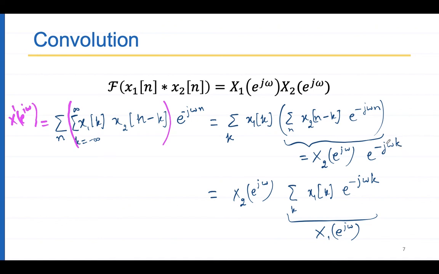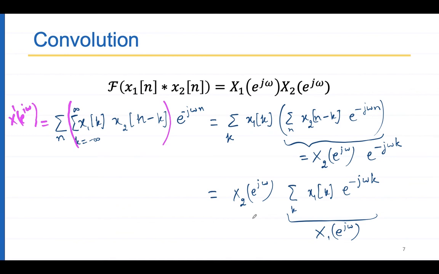I substitute it back here, so I get X2(e to the power j omega) summed over k of x1[k] times this term, which also involves a k, so this one also stays inside, but this whole thing is simply X1(e to the power j omega), right? So in this way I obtain that the new Fourier transform will be simply the product of X1 with X2(e to the power j omega). So this is about convolution.